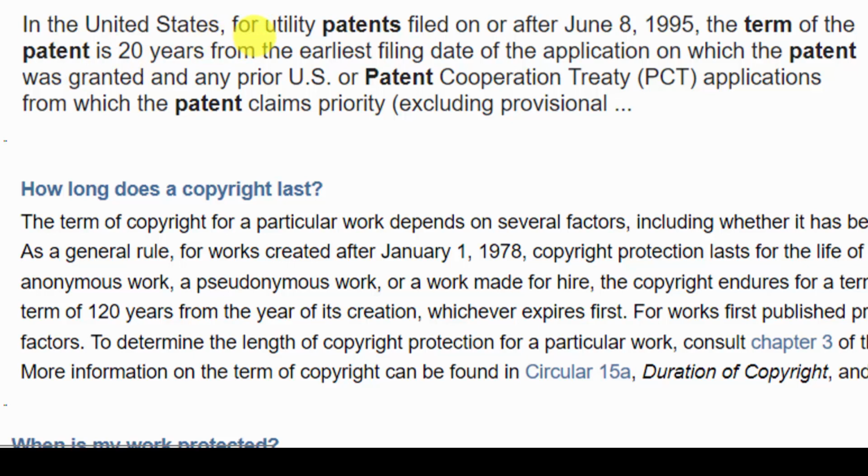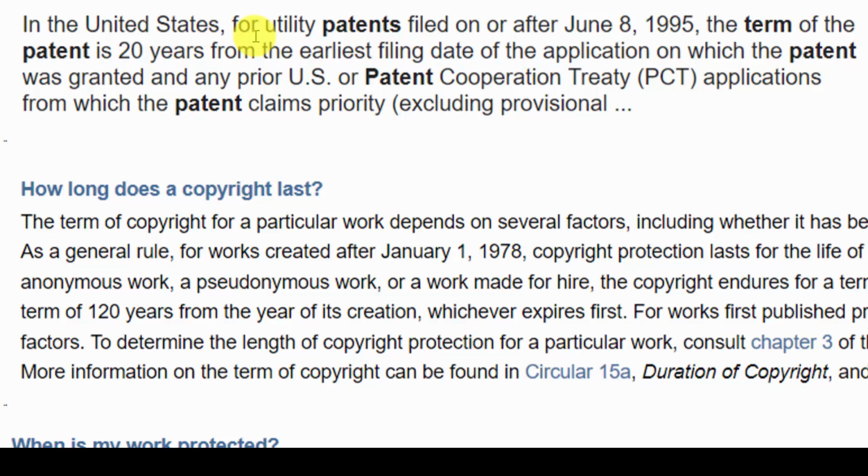So that means that for those 20 years that you are the monopolist, you are the exclusive person that can make that product or allow people to use that process, unless you want to license it and somebody can pay you money and then they can use your product. But you have total control over it for 20 years.